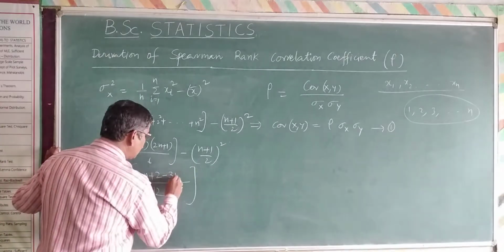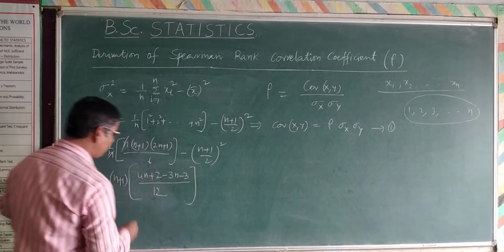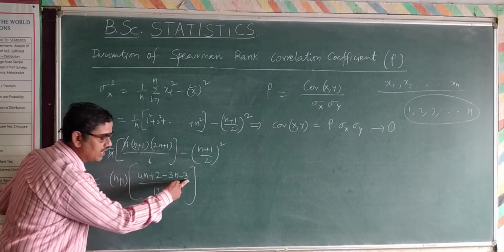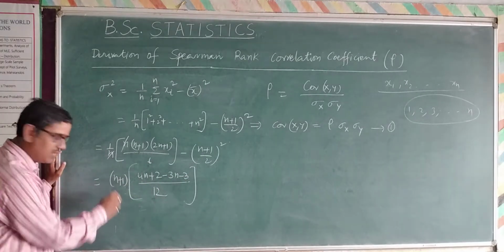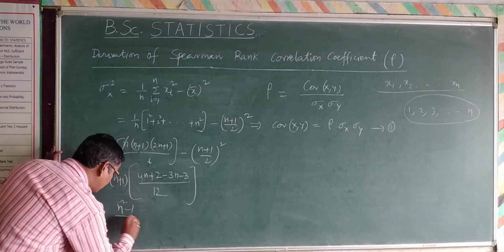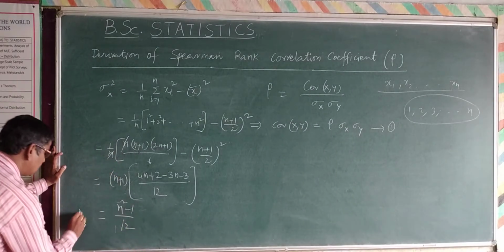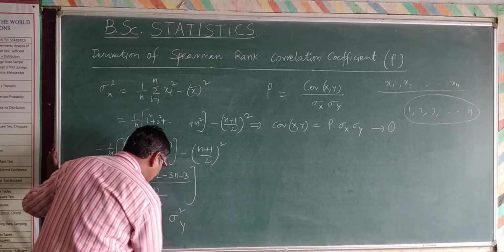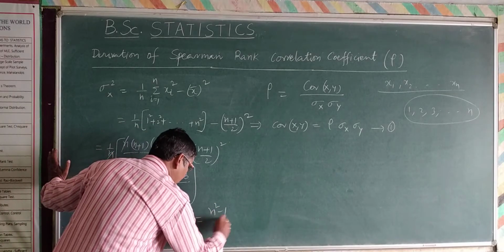So hence minus 3n minus 3. So hence it is equivalent to 4n minus 3n, n, 2 minus 3, 1, n minus 1, and n plus 1, so n square minus 1 divided by 12. What is this? Sigma square x. So similarly, sigma square y is also n square minus 1 divided by 12.